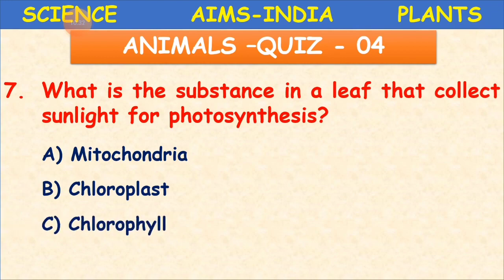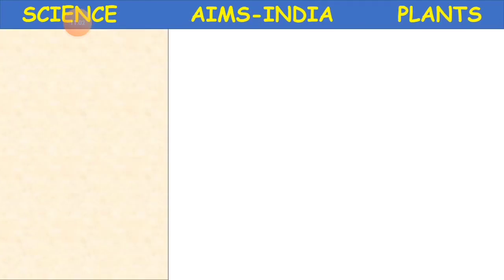A option is mitochondria, B one is chloroplast, C one is chlorophyll and D one is transpiration. Which is the correct answer, children? Any guesses? Yes, it is chlorophyll. This is going to collect sunlight for photosynthesis. Okay then. Next question here.